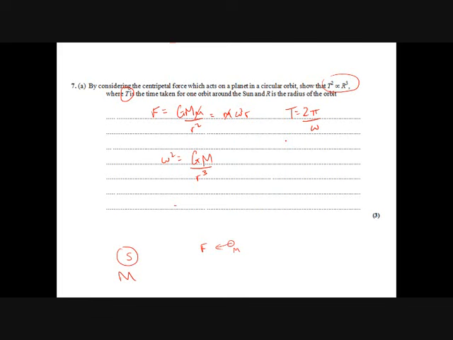So the easiest way to do this is to actually square that. T squared equals 4 pi squared over omega squared. And then we just take this omega squared expression, put it in there, turn it upside down. So T squared is 4 pi squared times r cubed over GM. But all this part is a constant, so T squared is proportional to r cubed.